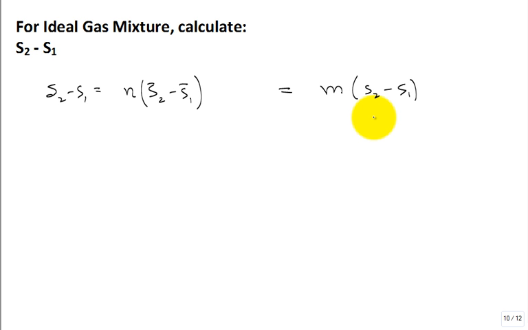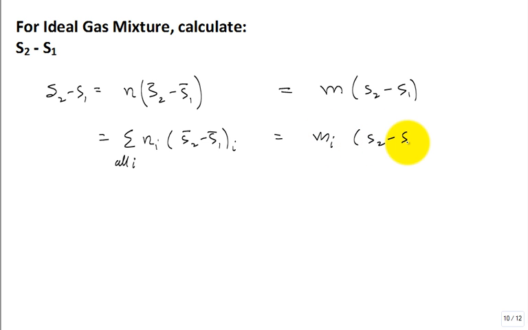That's written as if it's not a mixture, but if it is a mixture, then we'd sum over all those components of S bar 2 minus S bar 1 for that component. Sum over all the components. Likewise, S2 minus S1 over all the components. Make sense?